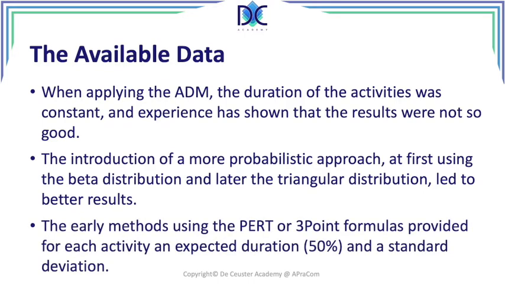When we looked at these methods introducing uncertainty, we use the PERT and the 3-point formulas to calculate the mean duration of the activity, or the duration that we would have 50% probability to exceed or to be faster than that duration. And of course, we also found a standard deviation. And these are the things that are going to be added to the activity on the node schedule.